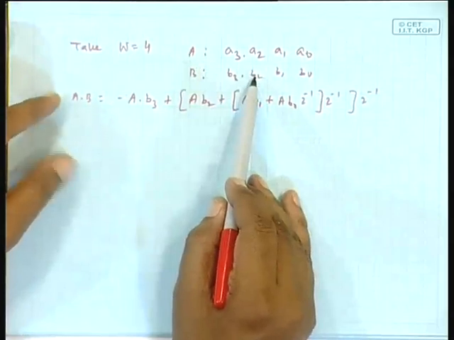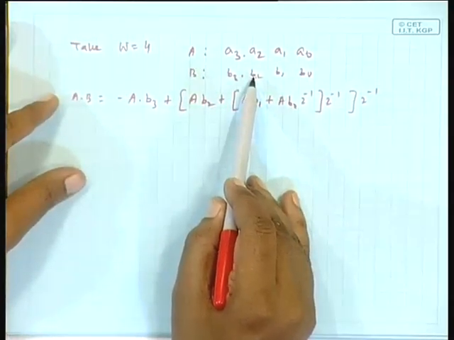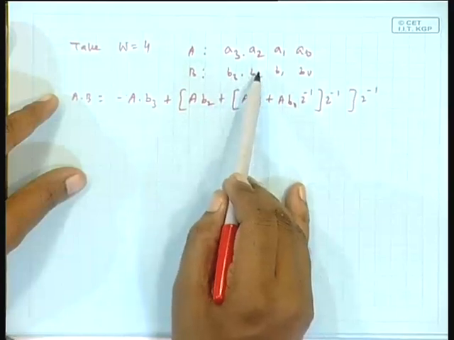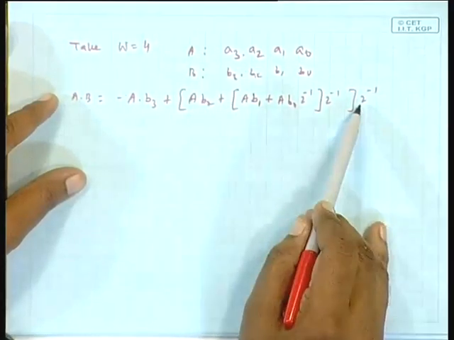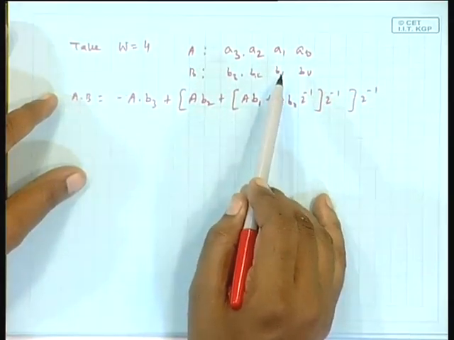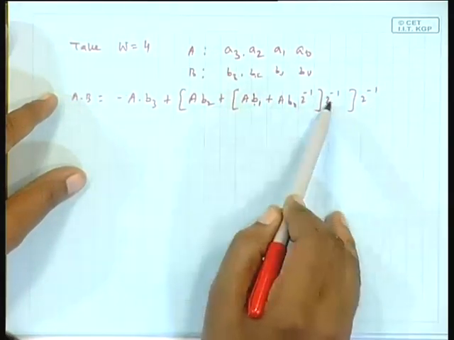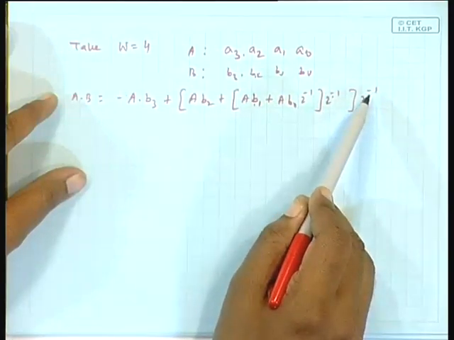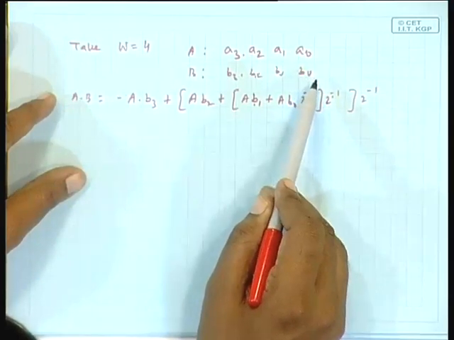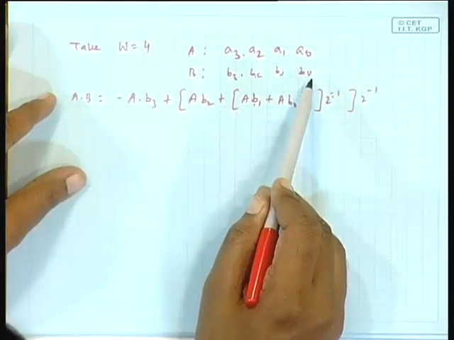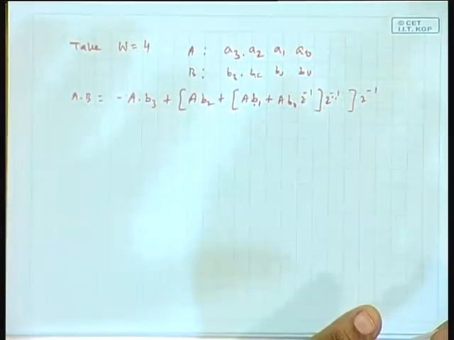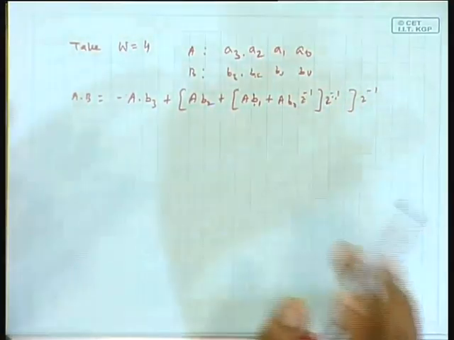You expand this in the 2's complement form: minus B3 plus B2 into 2 to the power minus 1. So, A into B2 times 2 to the power minus 1 here, A into B1 times 2 to the power minus 2, A into B0 times 2 to the power minus 3. This you have to implement.